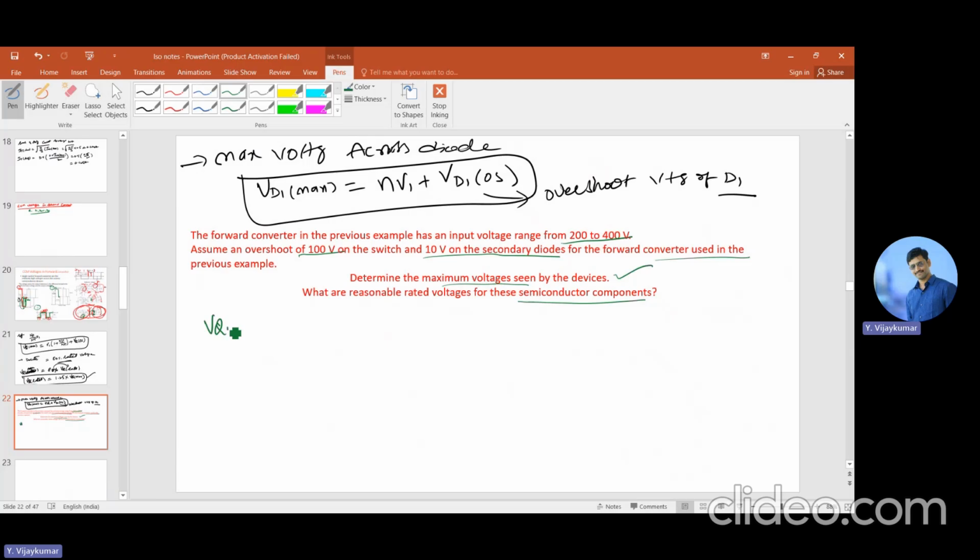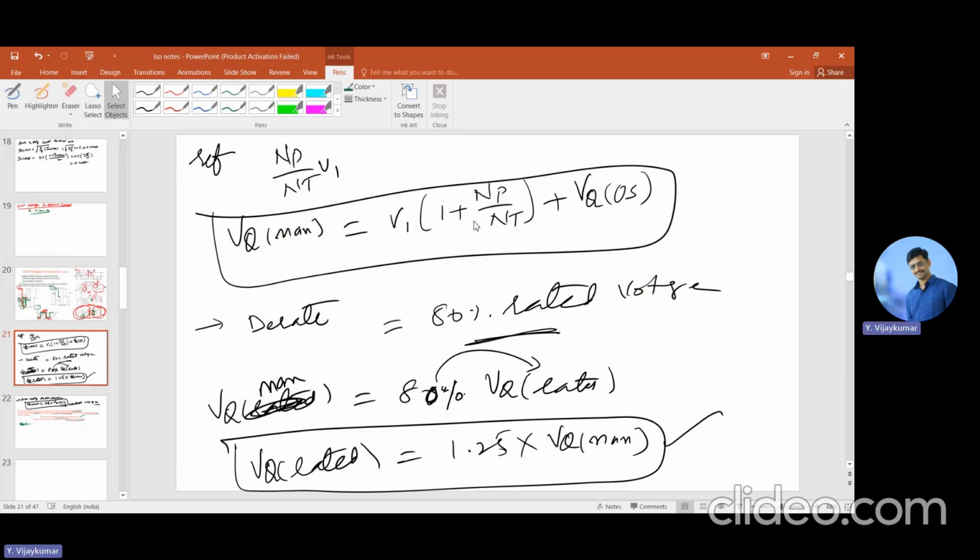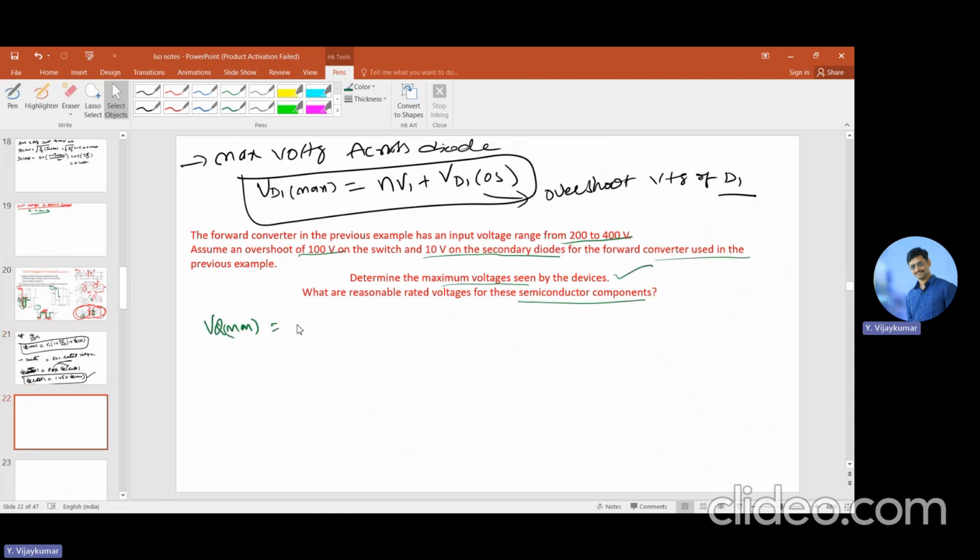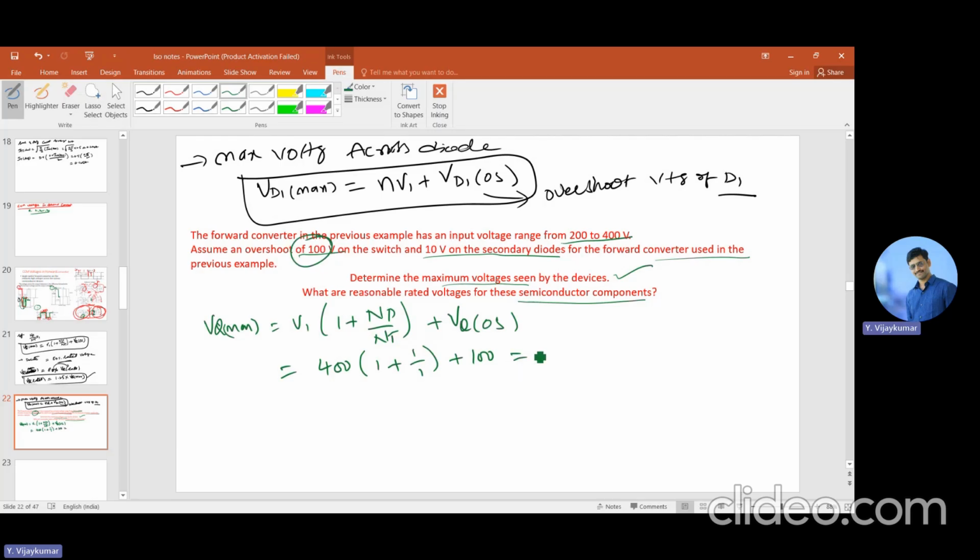VQ max is equal to V1 into (1 plus NP by NT) plus VQ overshoot, the same formula as just now. The input voltage is 400 as given, the turns ratio is 1, plus the peak overshoot given as 100 here. So that is equal to 900 volts.